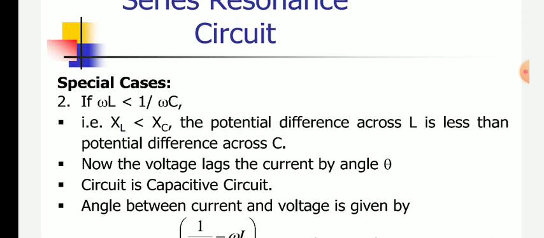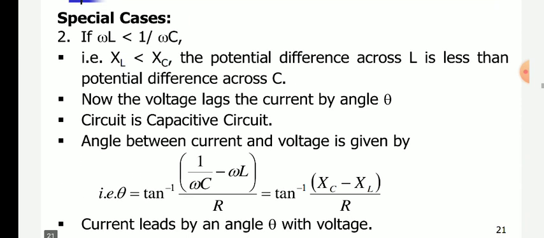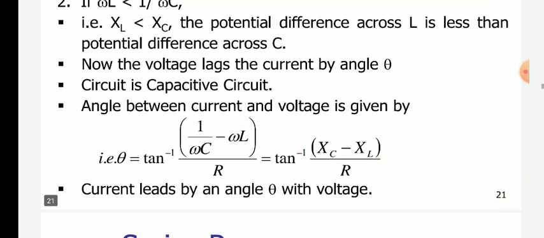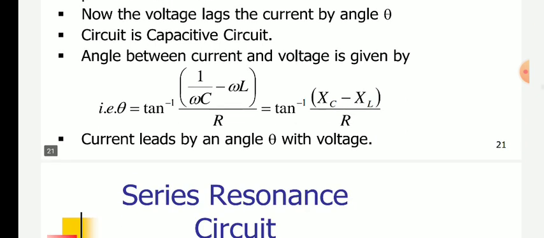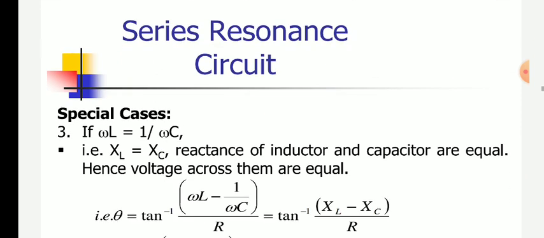Hence, this circuit is called a capacitive circuit. The angle between the current and voltage is given by tan inverse of (1 over omega C minus omega L) divided by R, or that is equal to tan inverse of (XC minus XL) whole divided by R. That means the current is always leading by an angle theta with the voltage.